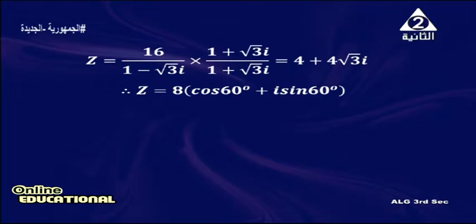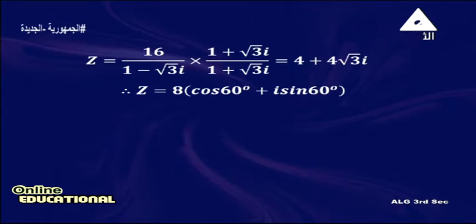Why? Because in this case, what is r? R, or modulus, equals square root of x square plus y square. What is x? 4. What is y? 4 root 3. Then r equals square root of 4 square plus 4 root 3 square under the square root.